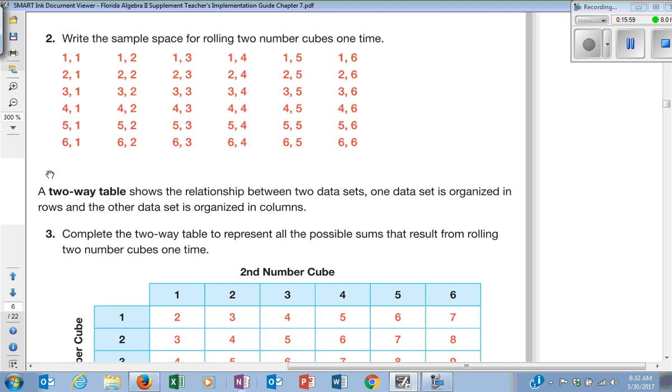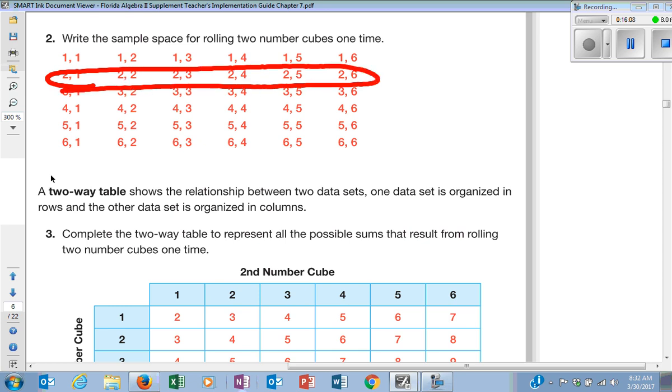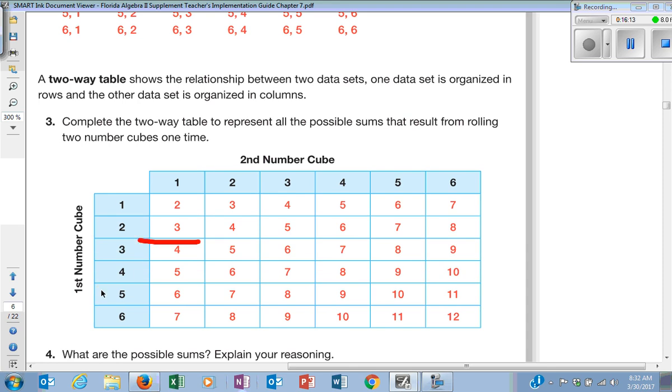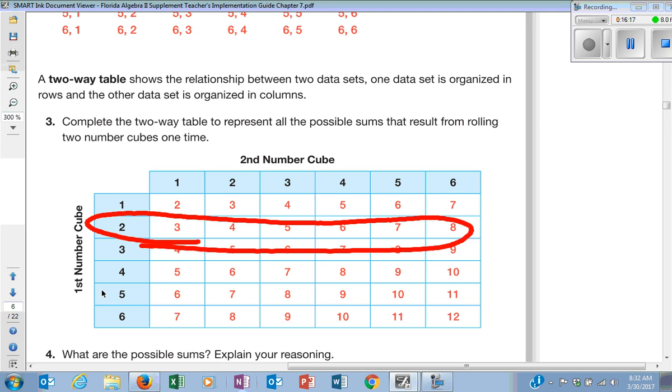Well, if I said rolling a 2 first, then I know that it's this line that I only have to concern myself with. So when I come down to here, this is the only line I need to worry about, and I want only the ones that are less than 7. Yes, yes, yes, yes, no, no. So how many are there? There should be 4 chances out of 36, which reduces down to 1/9.